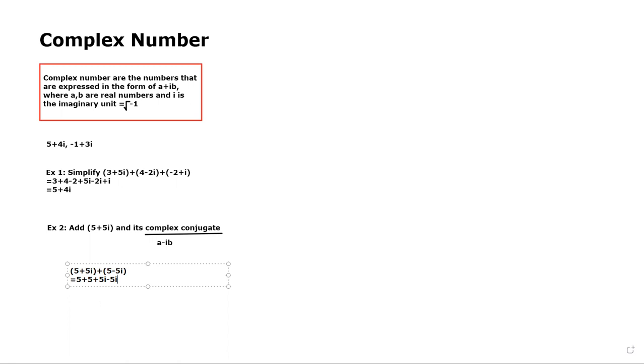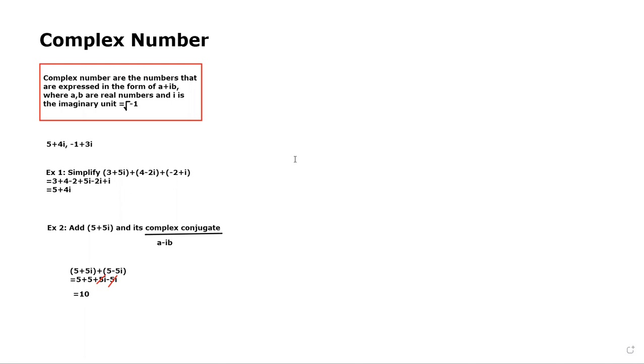So plus 5i and minus 5i cancel out. Your answer will be 5 plus 5, which equals 10. So these are the simple problems from complex numbers.